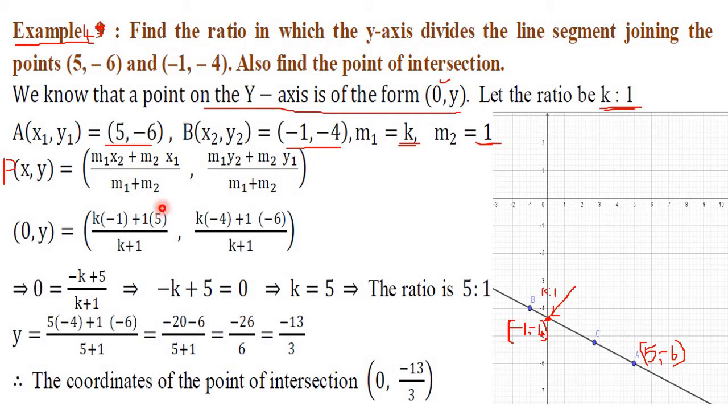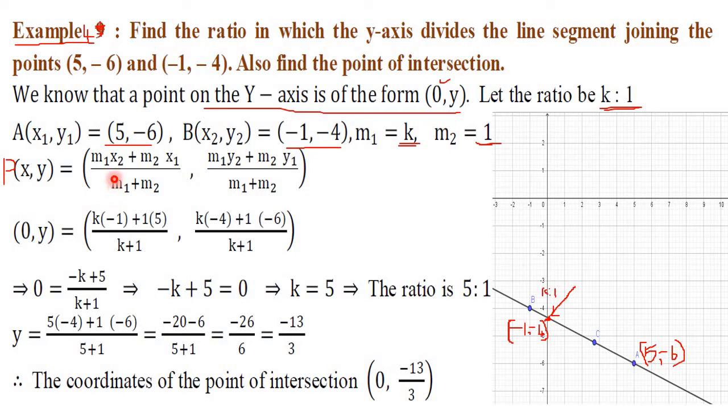We don't know the point, and the point is on the y-axis. So the point is of the form (0, y). Therefore substitute (0, y), with m1 equal to K and m2 equal to 1. x1 is 5 and y1 is -6, x2 is -1, y2 is -4.